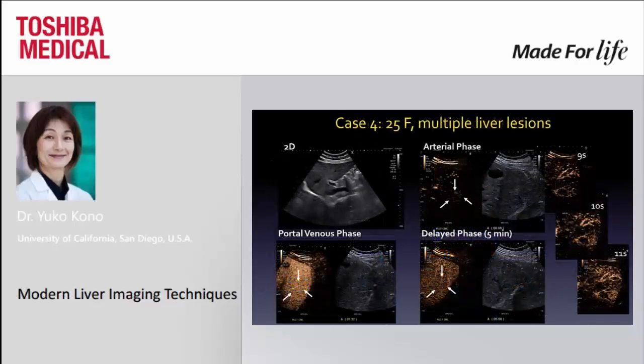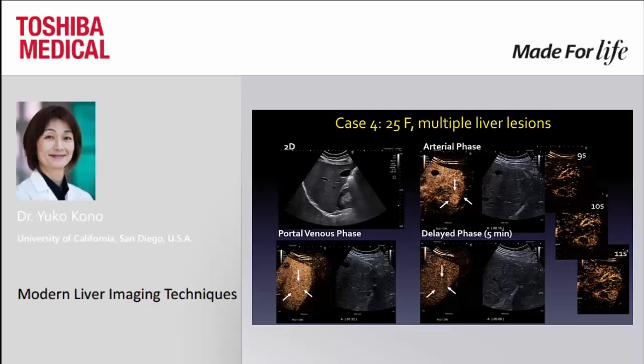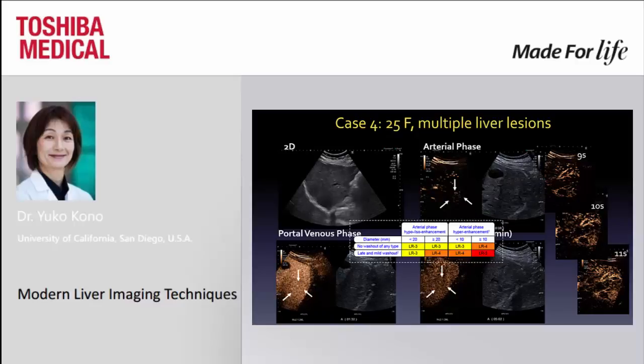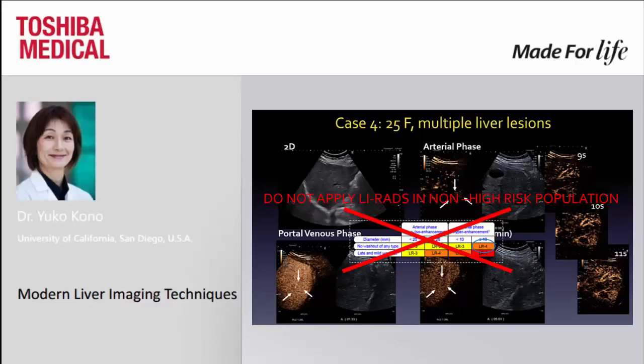Now, here's another patient, a 25-year-old female with multiple liver lesions, again with hyperenhancement in arterial phase, no washout. So is this LI-RADS 4? We cannot apply LI-RADS in non-high-risk patients.